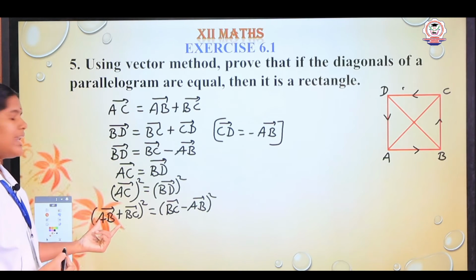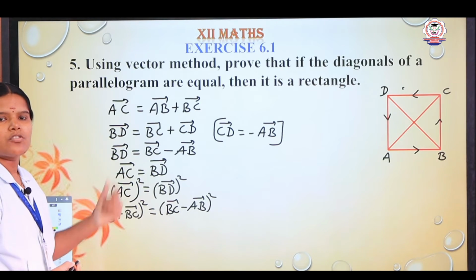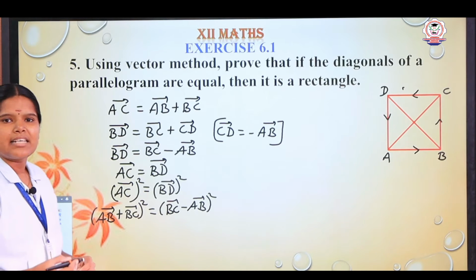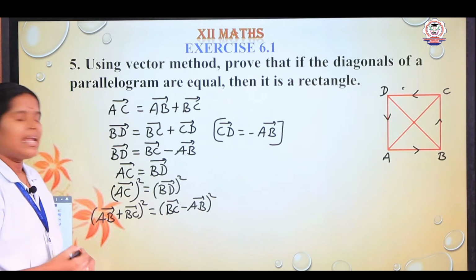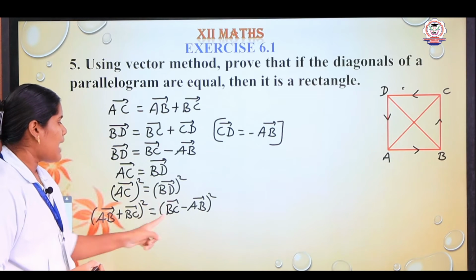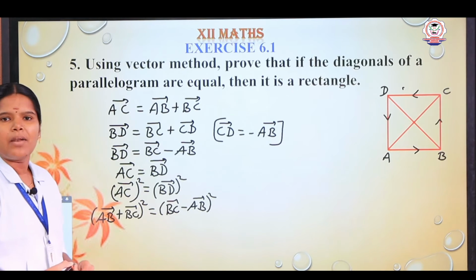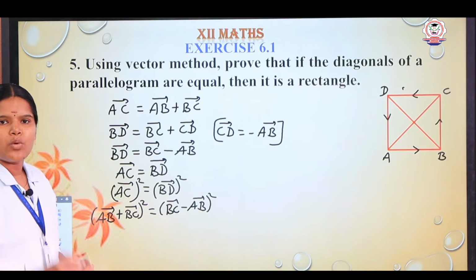On the left hand side, this is in the form of A plus B whole square. What's the formula for A plus B whole square? Yes, it is A square plus B square plus 2AB. On the right hand side we have the A minus B whole square form, and the formula is A square plus B square minus 2AB.